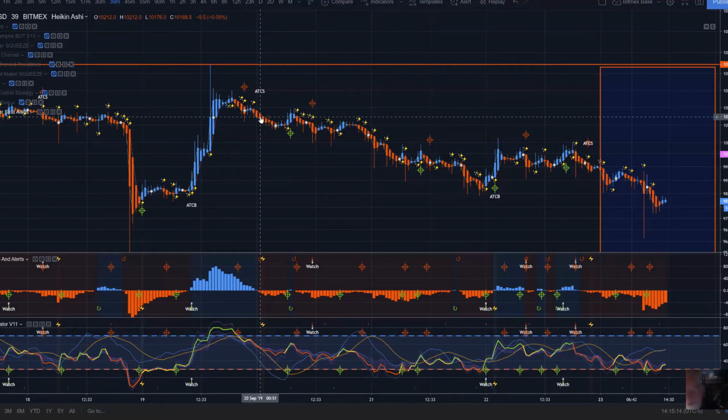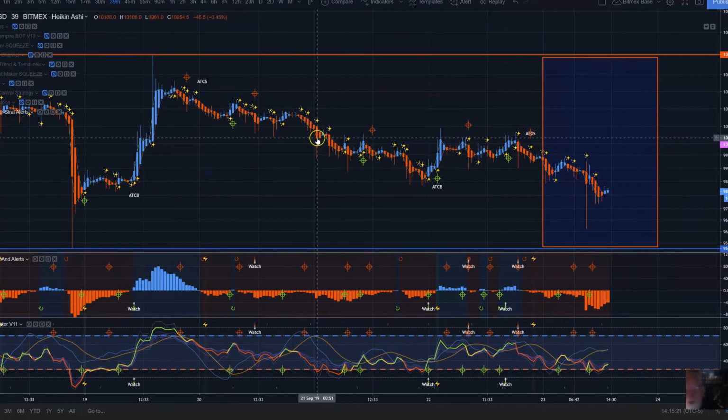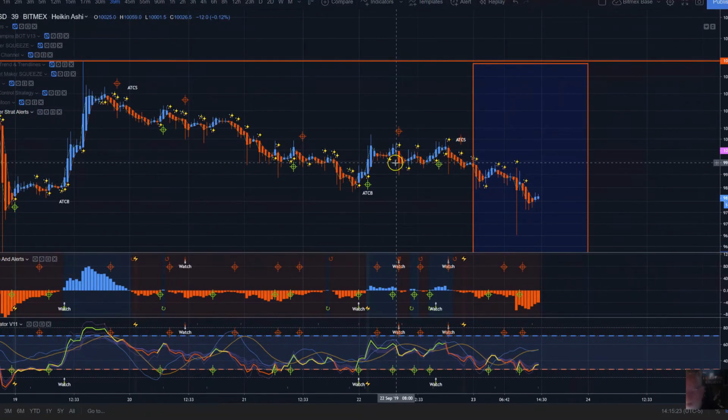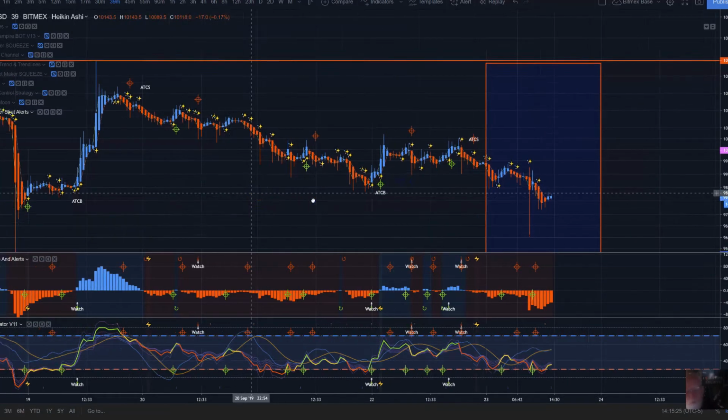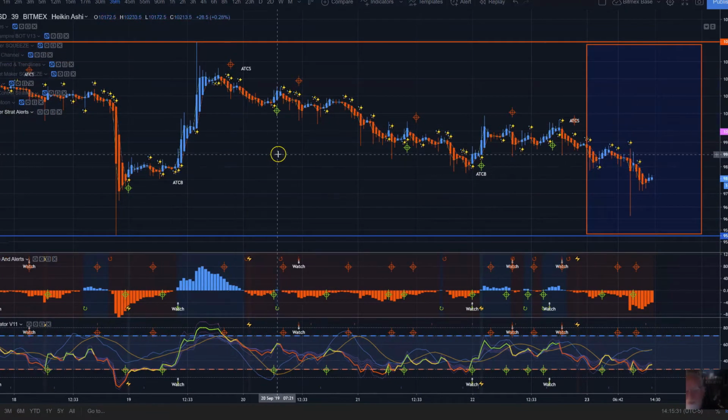But if you had TTP on, then of course you cut the pump. But if you buy in here, it isn't going to work. If you buy in here, it isn't going to work. If you get out and you're going to get back in, you have to wait for the next signal. That is the only safest way to do this.